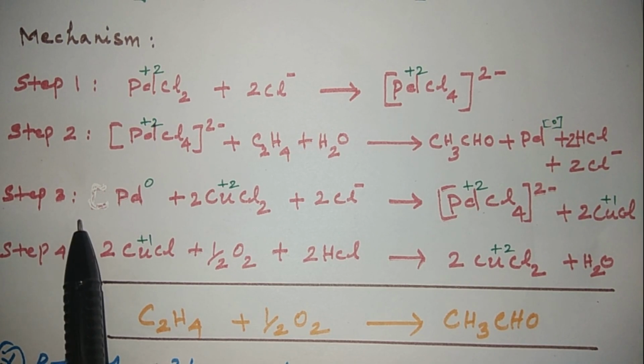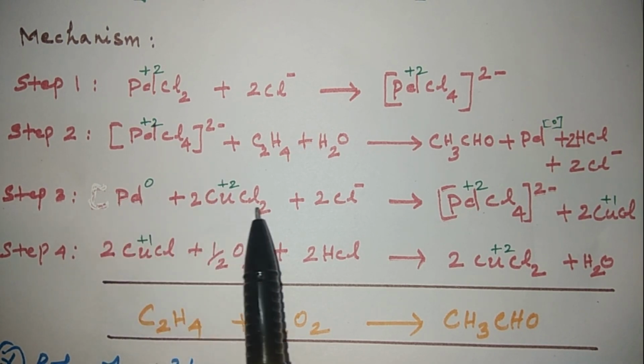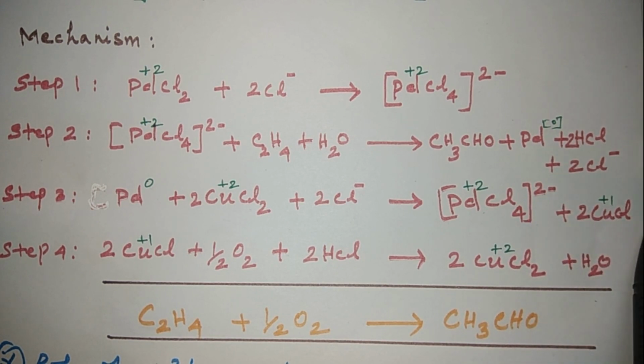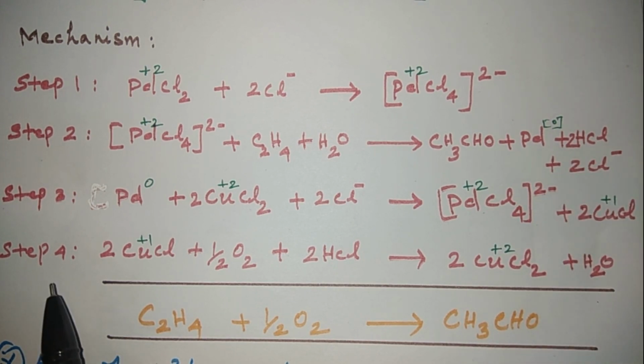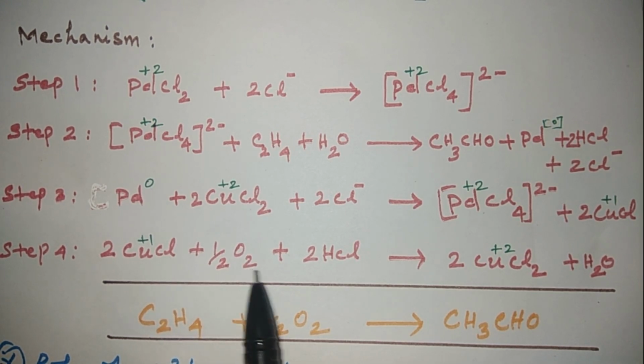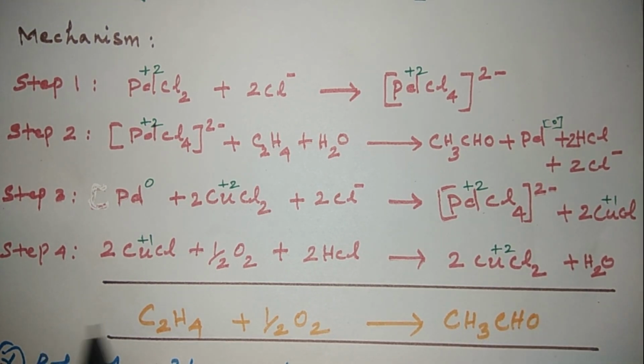In step 3, palladium zero oxidation state combines with CuCl2 and chloride ion and gives the compound PdCl4 2- and CuCl. In the fourth step, CuCl on addition of molecular oxygen and hydrochloric acid gives CuCl2 and water. The overall reaction is alkene on addition of molecular oxygen gives acetaldehyde.